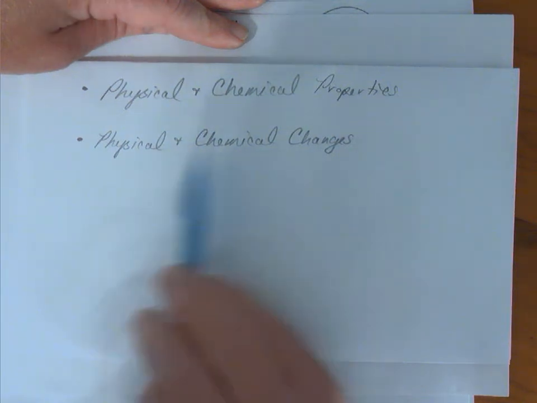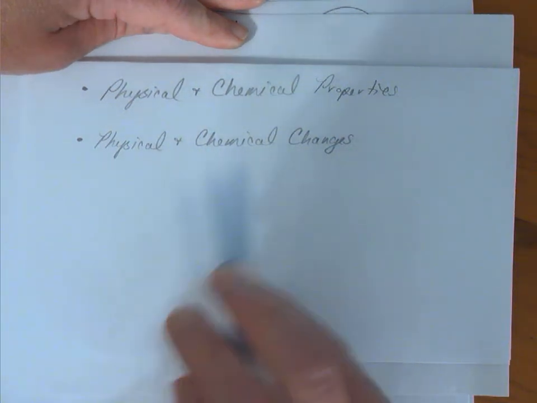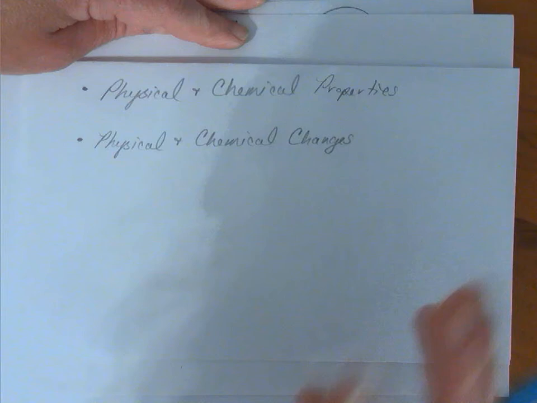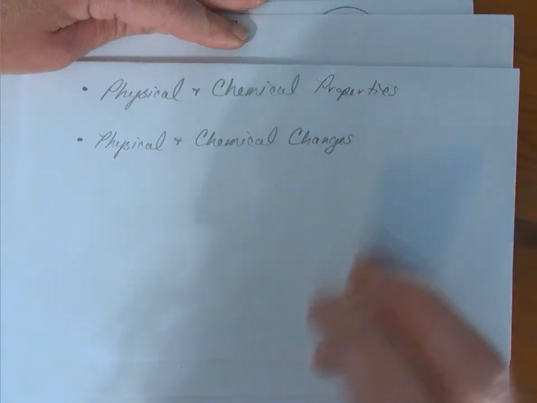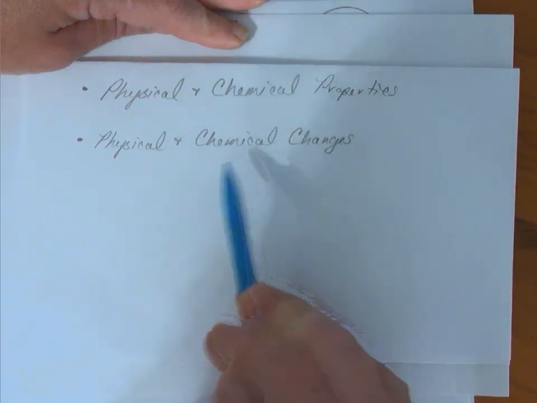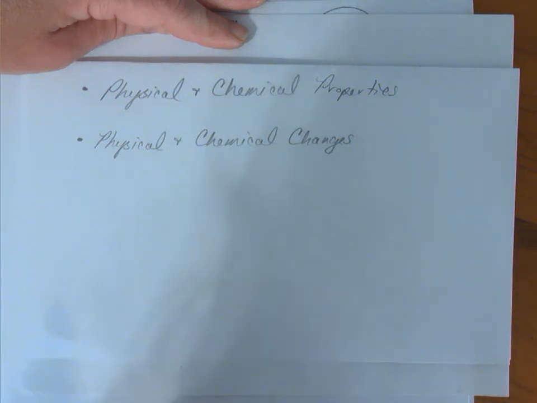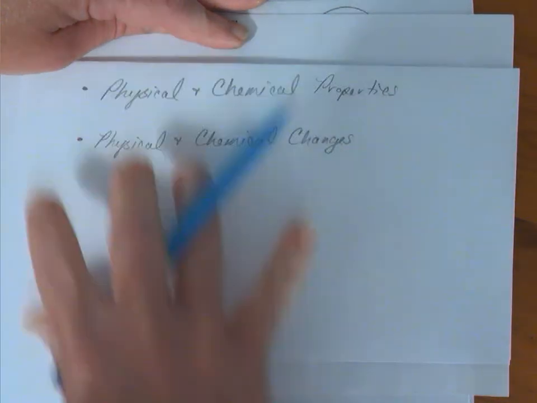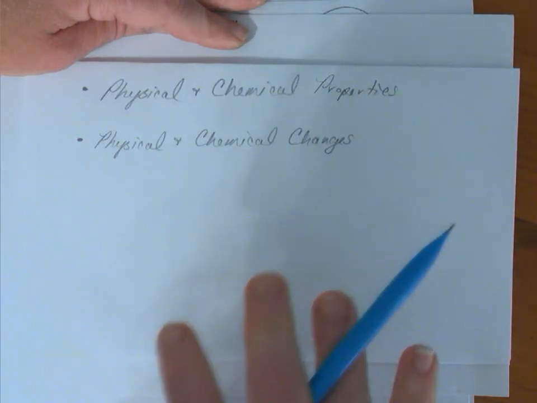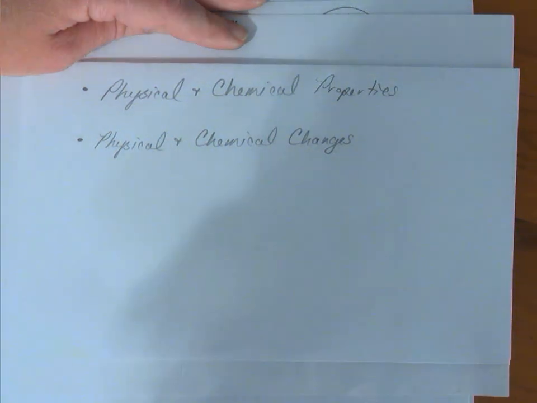These are transformations. If the transformation produced something new with a new chemical identity, that's chemical. If it didn't, then it's physical. We will get near and dear to these in every single lab that we do for the entire year and every single aspect of progressing in our learning of chemistry.